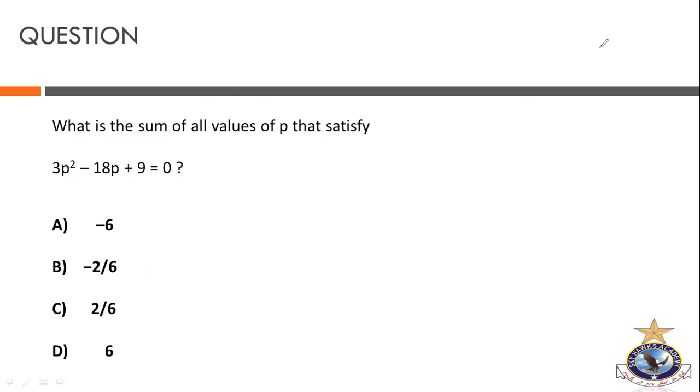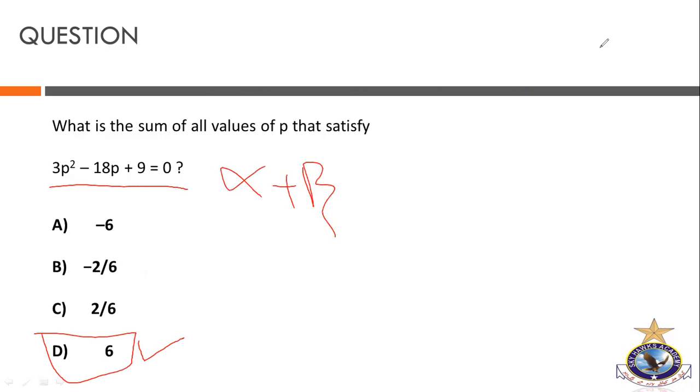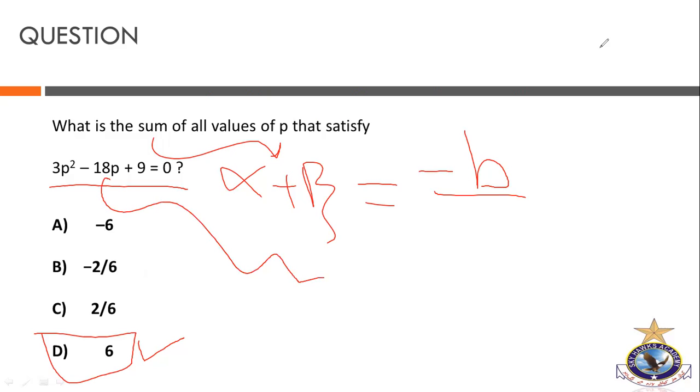Now this 6 is absolutely the right answer. There is no question of that. And how you reached it: this equation has two roots, two values, alpha and beta, and the sum is the coefficient of the linear term divided by the coefficient of the quadratic term.